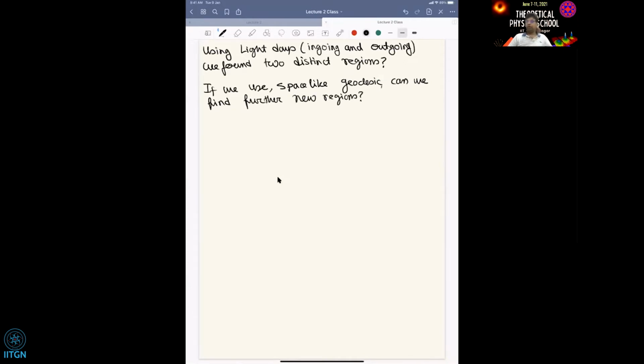We can also use timelike geodesics. Timelike geodesics I'm not doing, because it turns out we can do it using something called Painlevé coordinates, but it does not give anything new. So it's fine to work with only null as well as space-like geodesics.